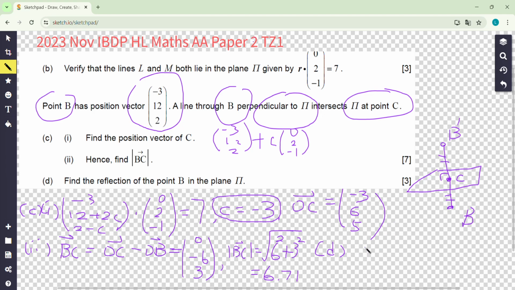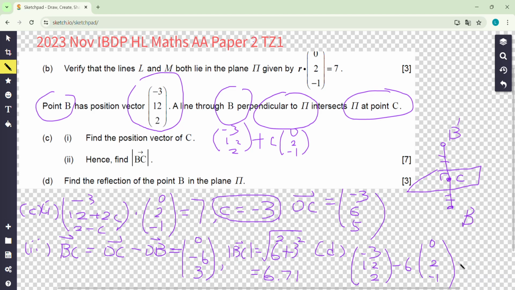So for part D, yes, you got it. It should be -3, 12, 2 plus 2C, okay, it means -6, 0 to -1.